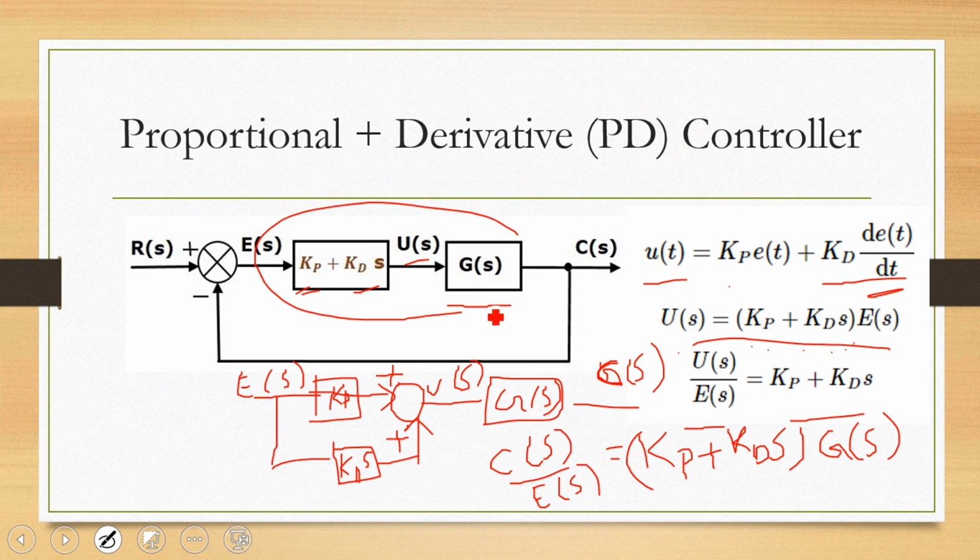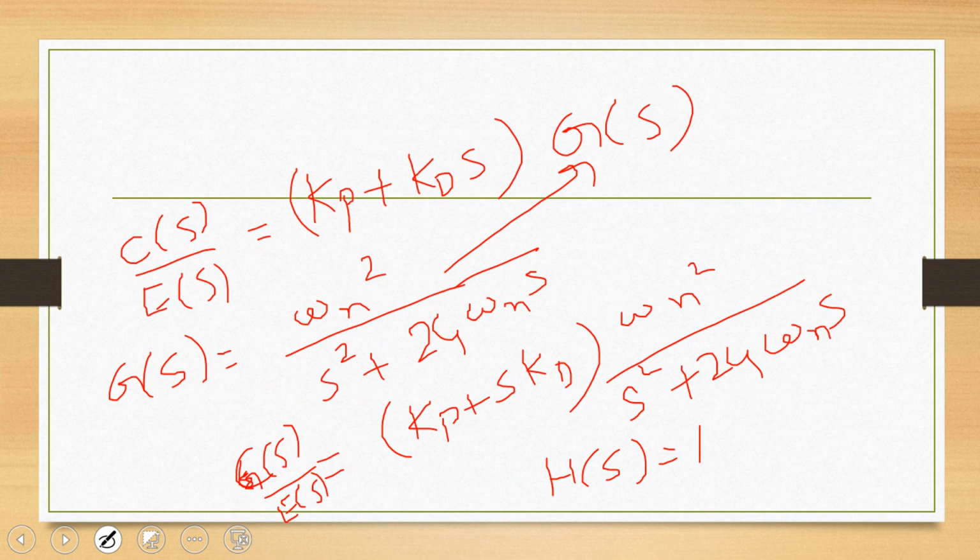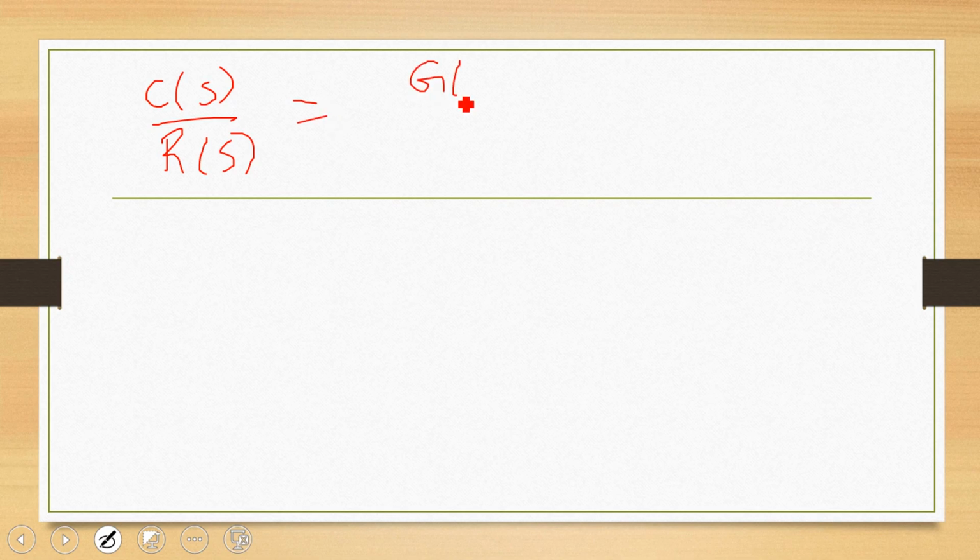So this combined together gives us the forward path. So our closed loop transfer function will become C of S by R of S is equal to our new forward path function G of S divided by 1 plus G of S H of S.